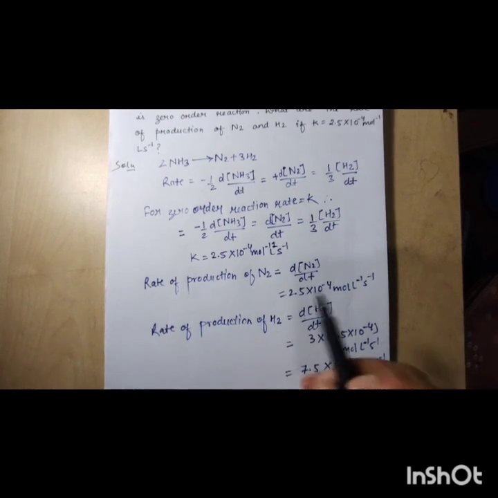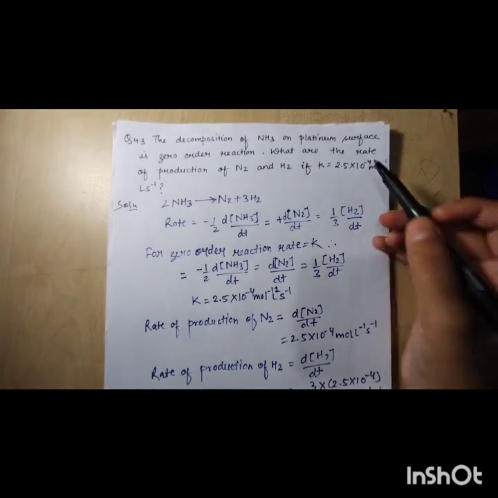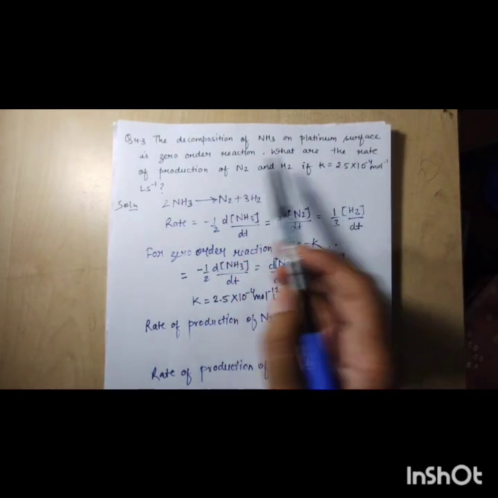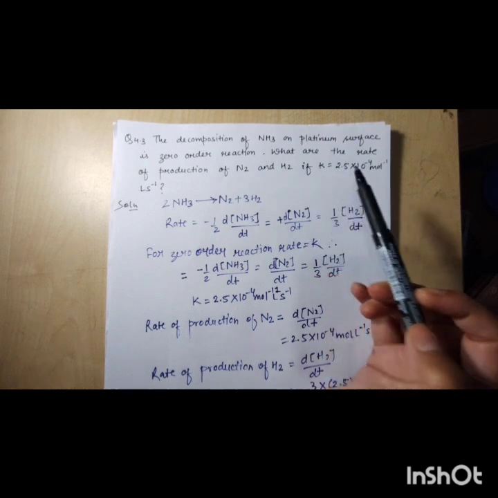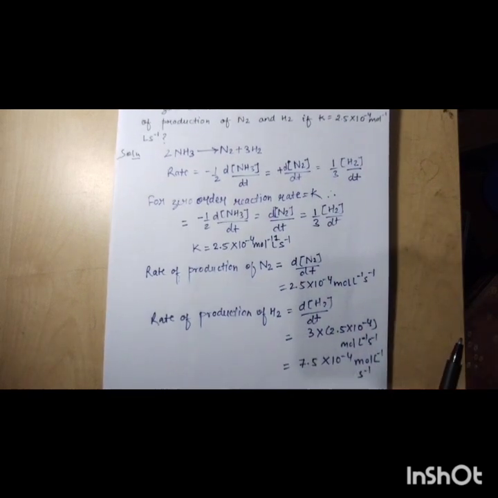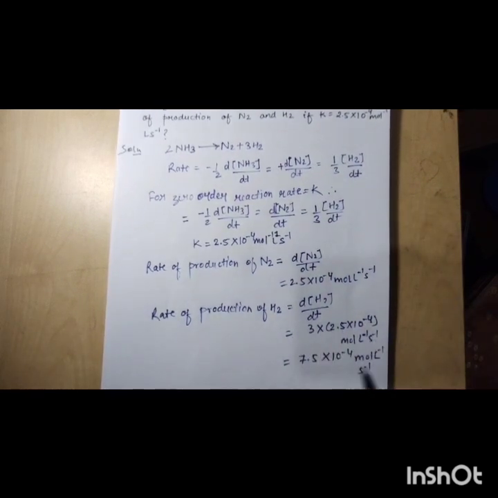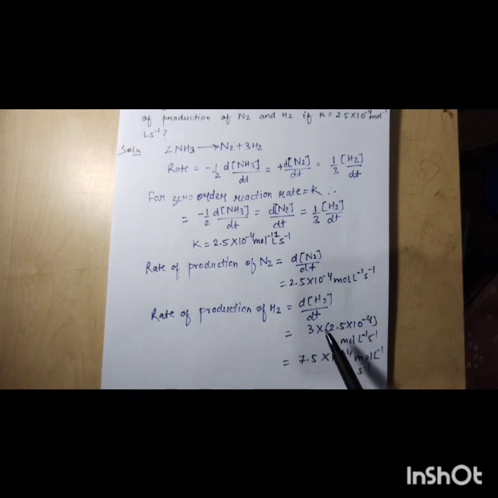As it has been asked in the question, what are the rates of production of nitrogen and hydrogen. Rate law is defined as the product of the rate constant and the concentration of the reactant or product molecule. So this is the answer.